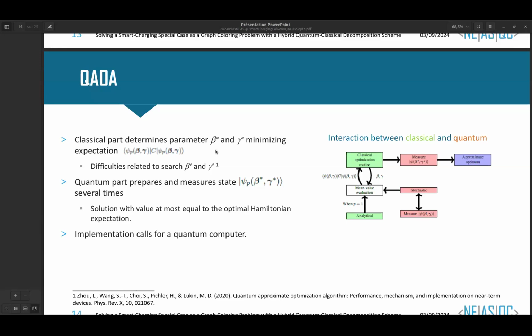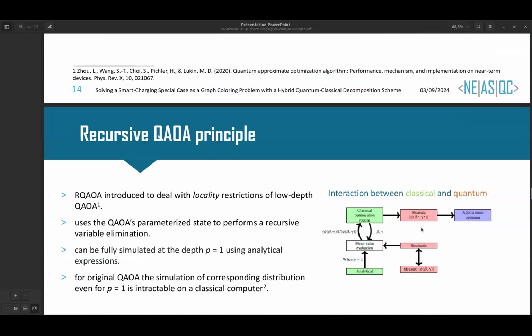And the quantum part actually prepares and measures the states. And this implementation calls for a quantum computer. As in the picture, we see in green the classical part, and in pink the part which requires a quantum computer.